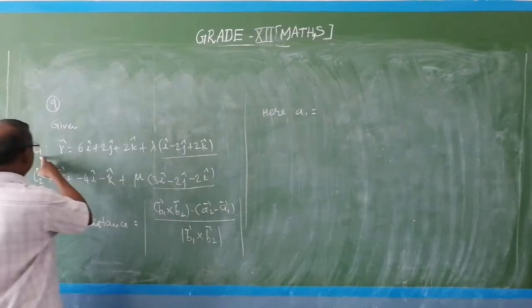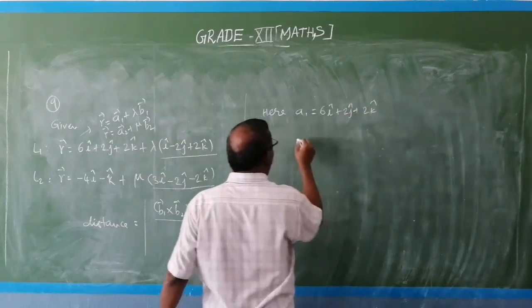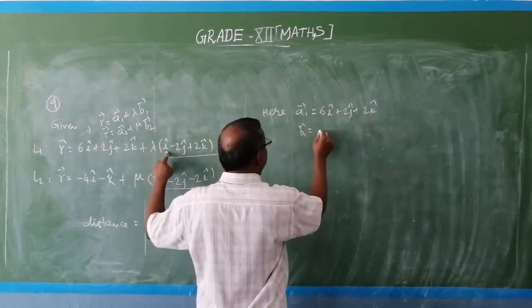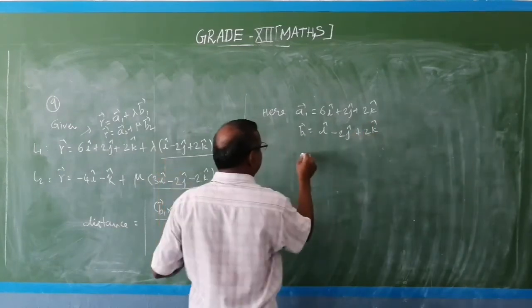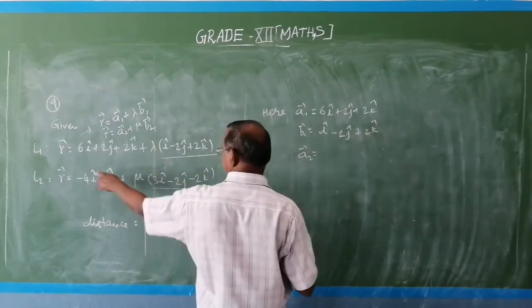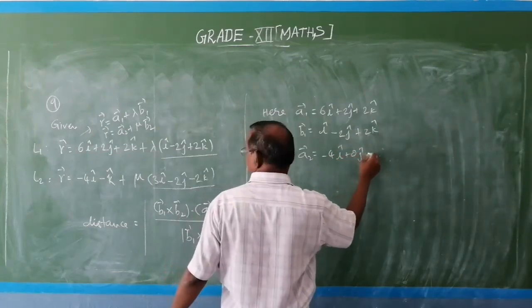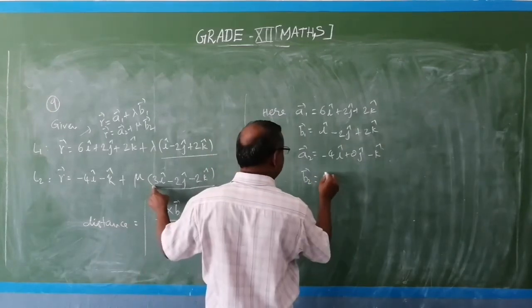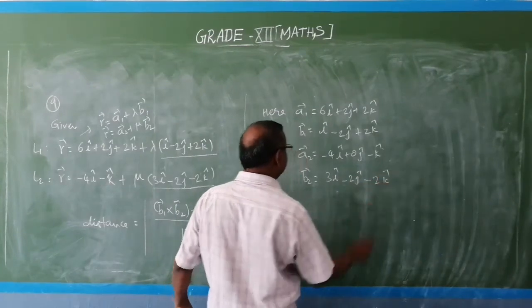Here a1 vector equals 6i cap plus 2j cap plus 2k cap and b1 vector equals i minus 2j plus 2k, a2 vector equals minus 4i plus 0j minus k, b2 vector equals 3i minus 2j minus 2k.